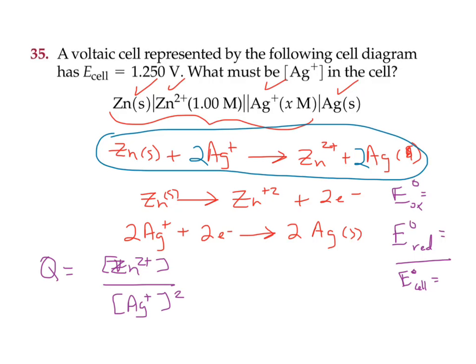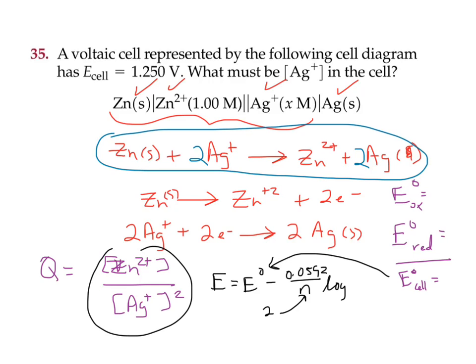Now I think we're ready to look at the Nernst equation. According to the Nernst equation, E is equal to E naught, which is over here, minus 0.0592 divided by N, and N is 2, times log of Q. And we said actually this is Q. And if we look at what we know, the molar concentration of the zinc was given as 1 molar.